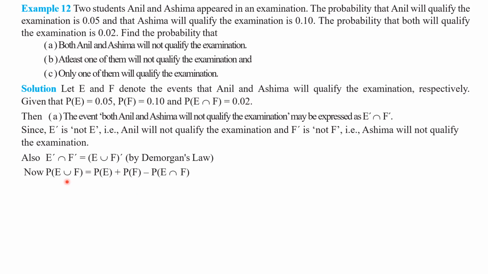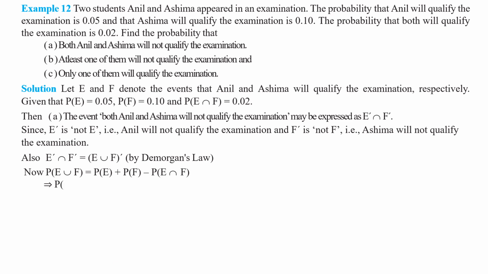Same as in the case of set theory, N of A union B is equal to N of A plus N of B minus N of A intersection B. Here, P of E union F is equal to P of E plus P of F minus P of E intersection F. Okay, my children?